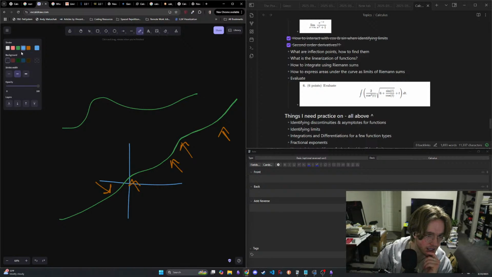Okay, so we'll go here and we'll go pink. I'm going to map out this section right here.